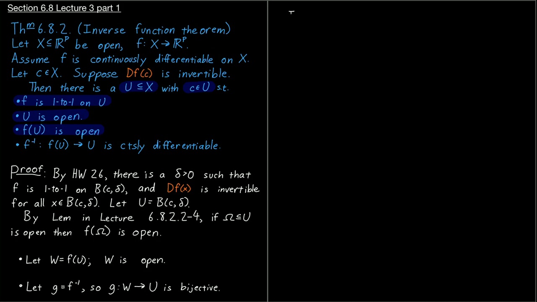And then if omega is a subset of U and is open, then let's say G inverse of omega. That's the set of all x in W such that G of x is in omega.